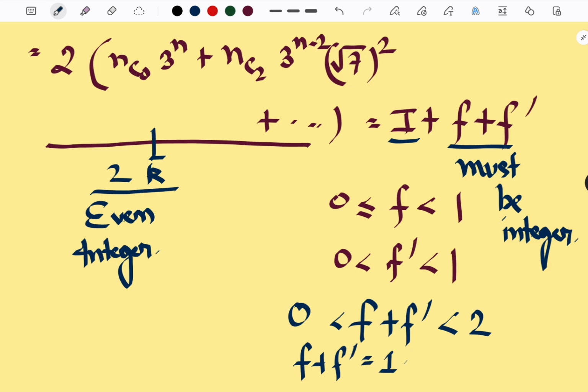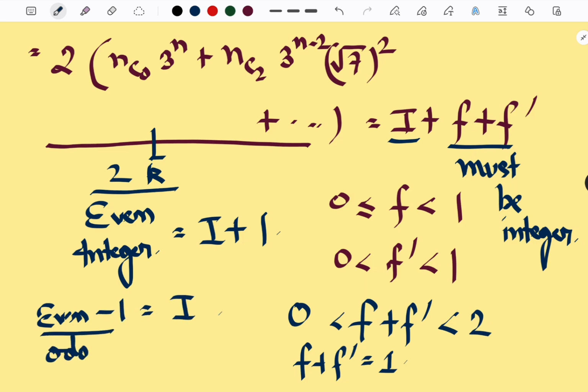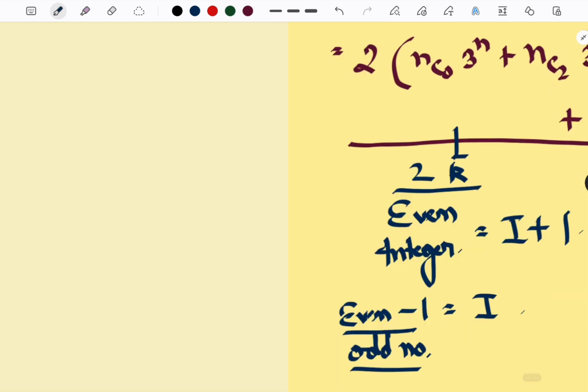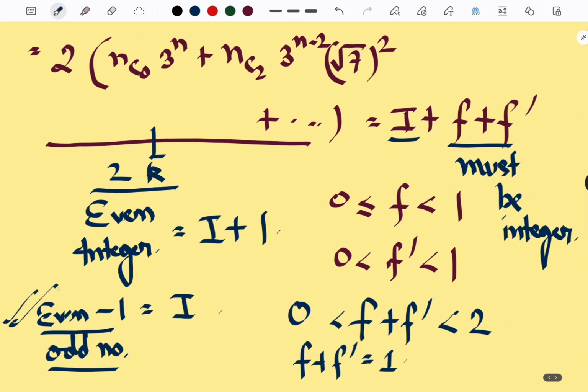Therefore the even integer is equal to I + 1. It obviously means some even minus 1 will be equal to the integer. Now even minus 1 will obviously give you an odd number. So this was what we were required to prove, that if n is a positive integer, then the integral part of (3 + √7)^n is an odd integer, where I was the integral part, and we have already proved that I is odd.